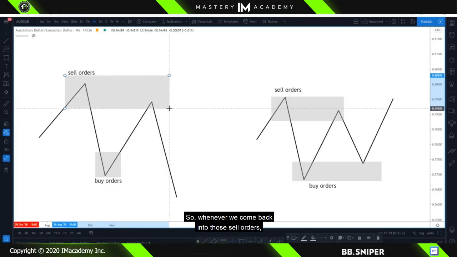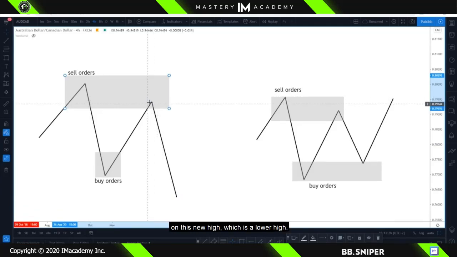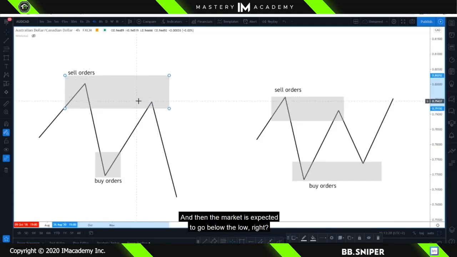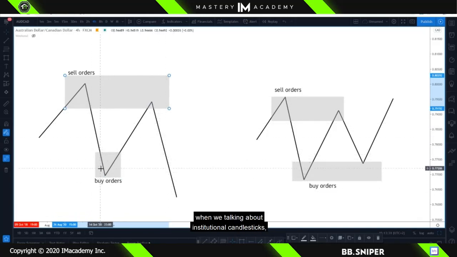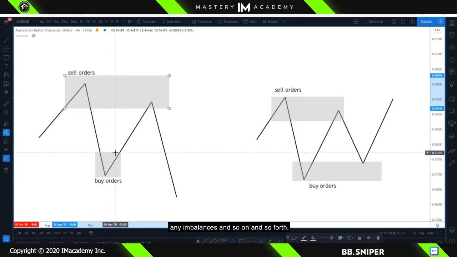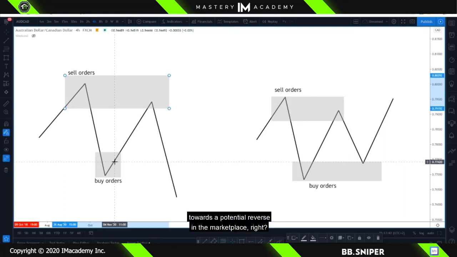So whenever we come back into those sell orders, they're getting more and more entries. Smart money is getting more and more entries on this new high, which is a lower high, and then the market is expected to go below the low, right? And those orders that are down over here, when we are talking about institutional candlesticks, any imbalances and so on and so forth, should not give any resistance towards a potential reversal in the marketplace, right?